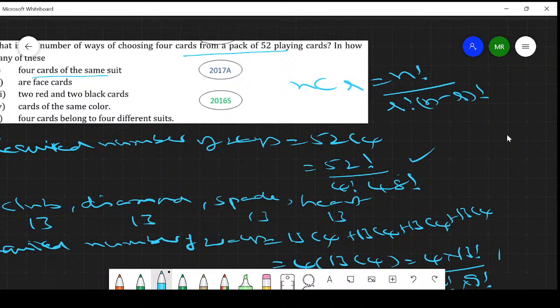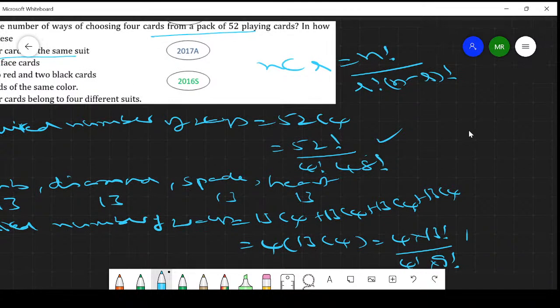There are 12 face cards and 4 to be selected out of these 12 cards.